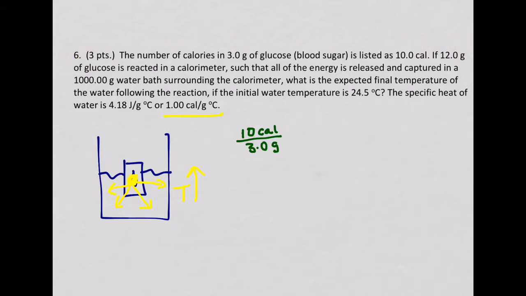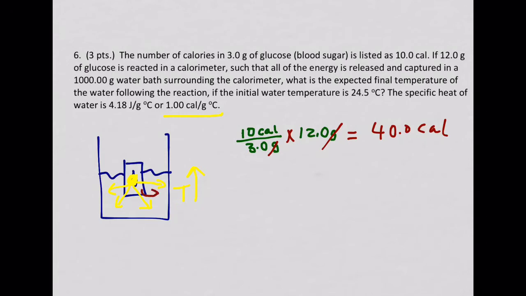So we're just going to do this stepwise. We need to know the amount of heat energy. So this is set up very nicely to tell us the amount of heat energy in 12 grams of glucose. That's going to allow us to do that. That's going to give us now 40.0 calories. So that's the amount of heat energy.